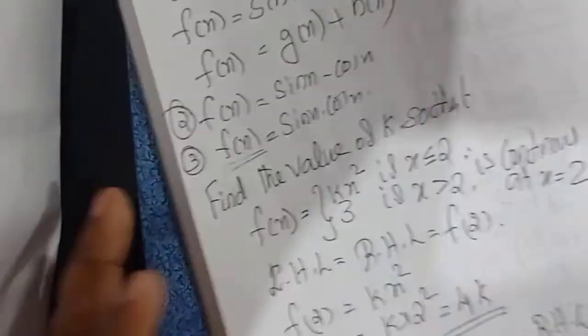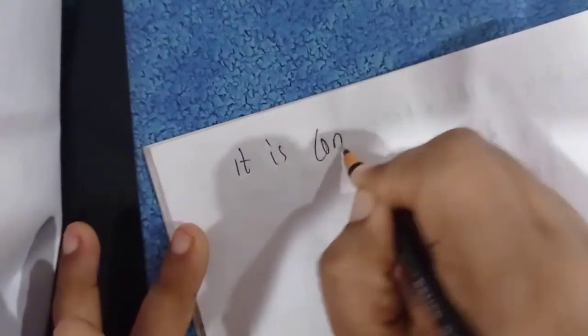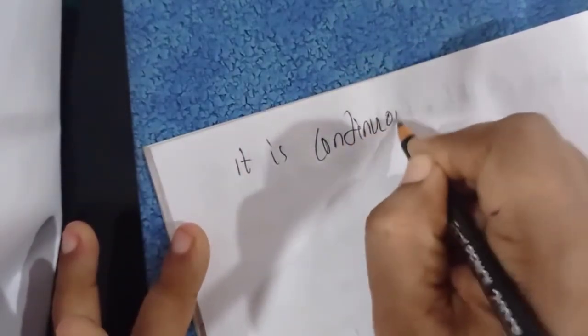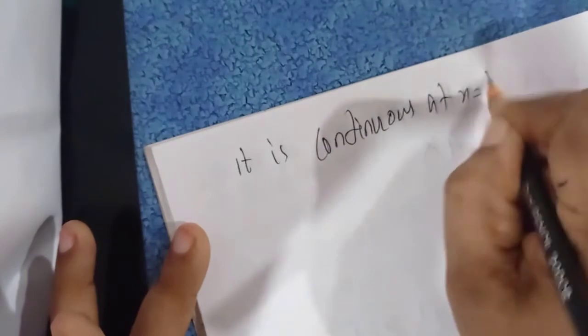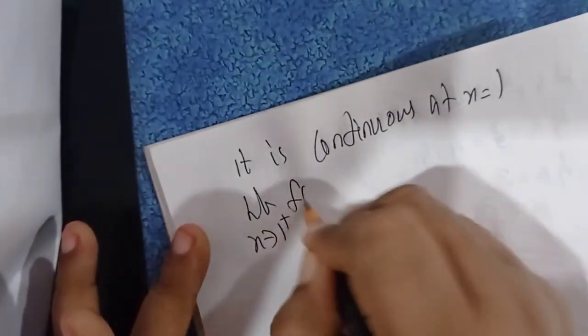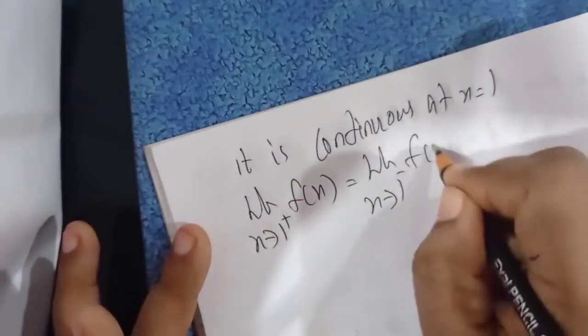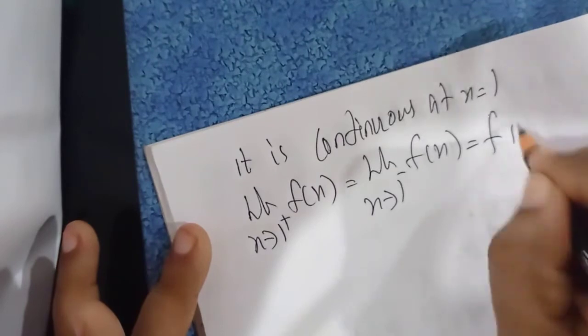What is given? Our aim is to find a and b, but it is given that it is continuous at x equal to 1, which means limit x tends to 1 plus f(x) is equal to limit x tends to 1 minus f(x) is equal to f of 1.